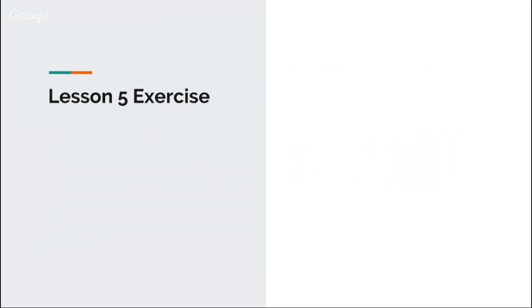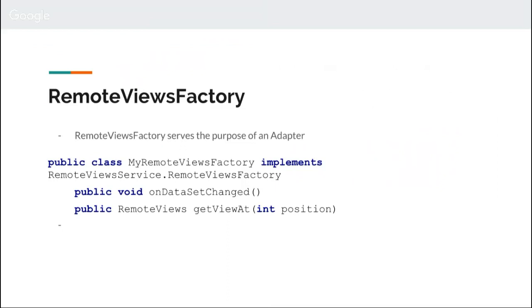Okay, so moving to the exercise, it was creating a widget that displays a list. The first thing is that you have to read about a remote views factory. In the context of widgets, a remote views factory works the same as an adapter.